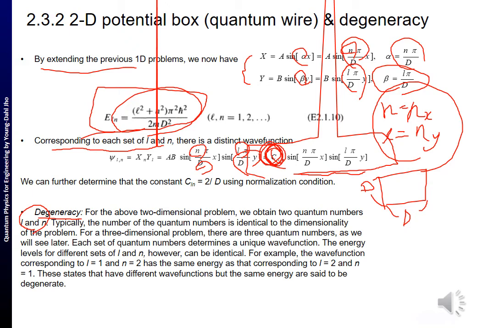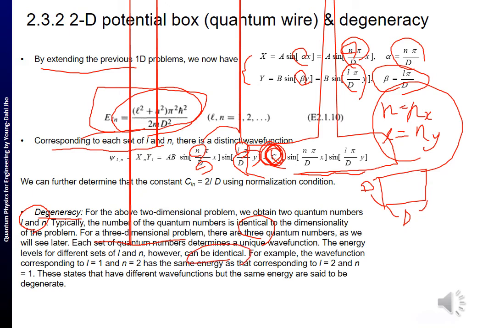Two-dimensional problem, now we have two quantum numbers. For a three-dimensional problem, there are three quantum numbers, as we will see later. Each set of quantum numbers determines a unique wave function. The energy levels for different sets of L and n, however, can be identical.